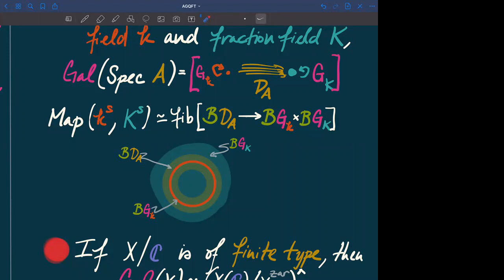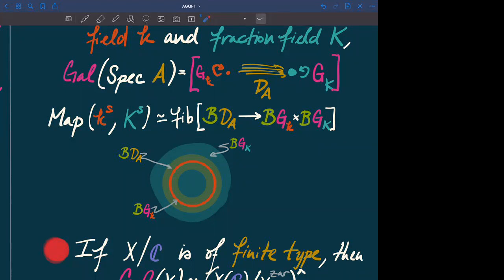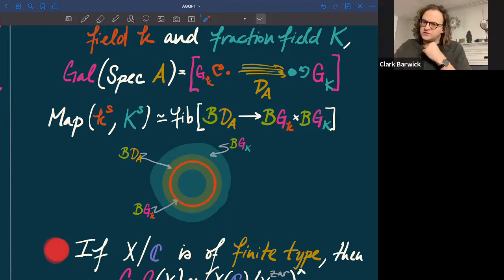Clark, may I ask something? Yeah, of course. Suppose that K is the completion. Yes, it's a complete DVR. Then what are the morphisms? It's simply all the sections up to conjugate. I just want to understand. So you're saying in the case where K is a complete DVR, yes?